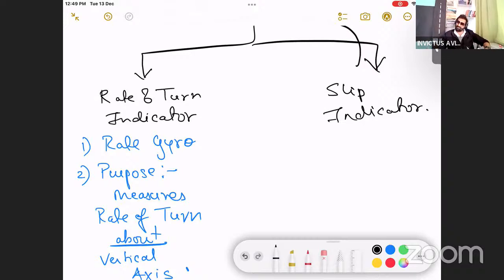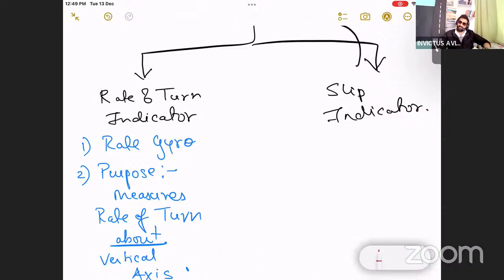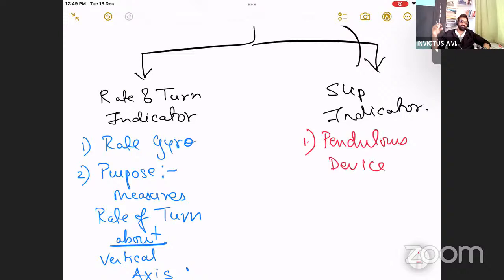So let's talk about the slip indicator quickly, similar to the inclinometer in your turn coordinator. All right. So the slip indicator is a pendulous device. It means it will move like this in a definite range, like a pendulum.